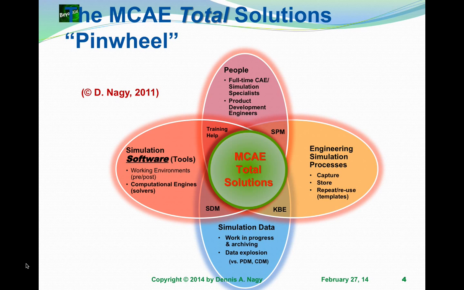Knowledge-based engineering is where the processes and the data together provide a basis for doing smarter and more effective simulation. And then, of course, there's simulation data management, which is how the data created by the software is actually retained.